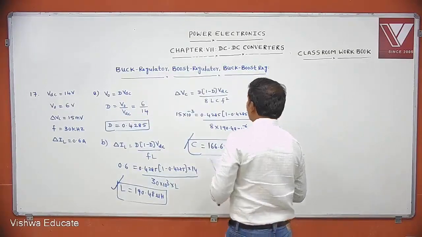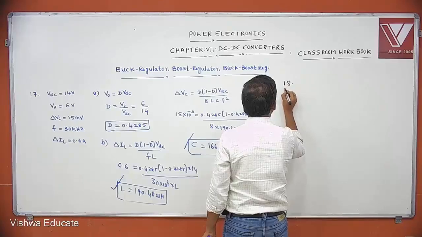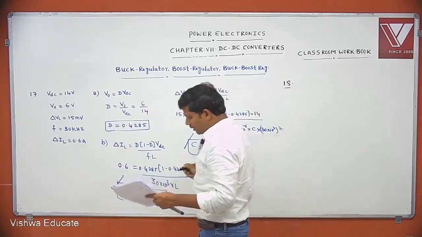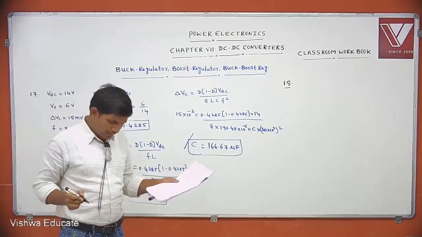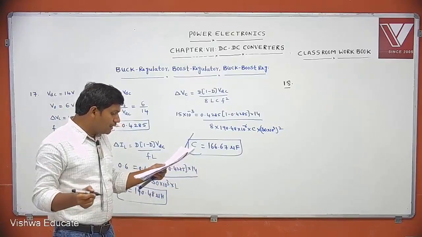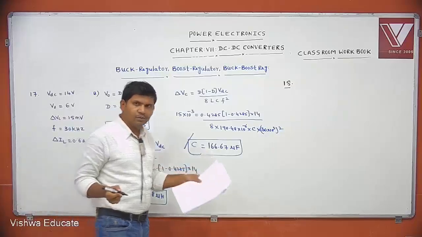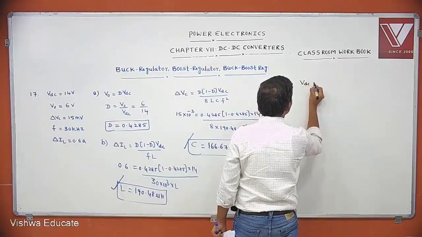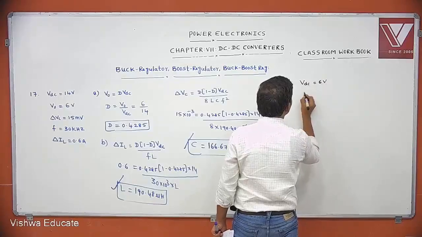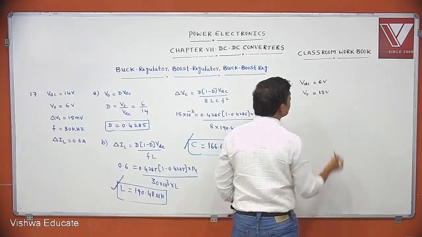See question number 18. All of you read the question? A boost converter input voltage is 6 volts. The average output voltage is 18 volts.